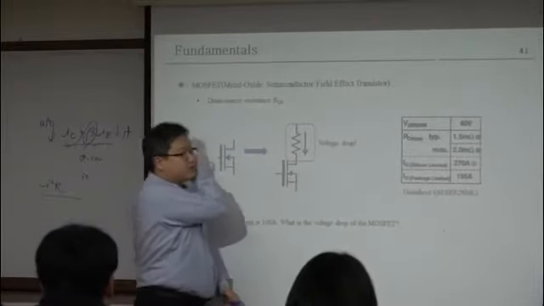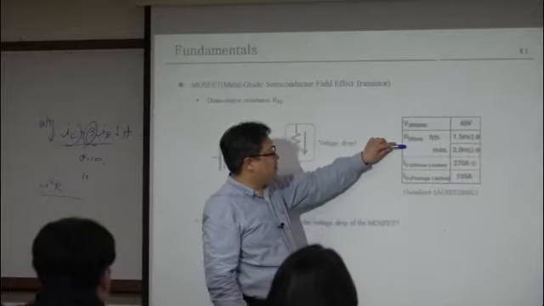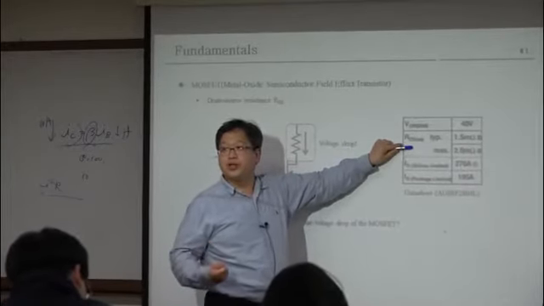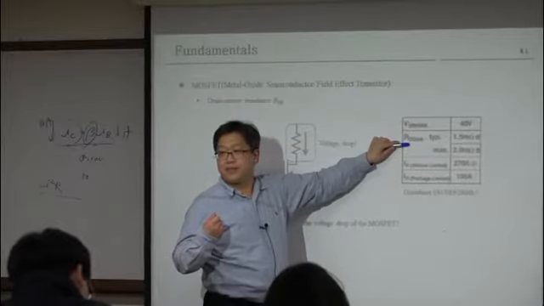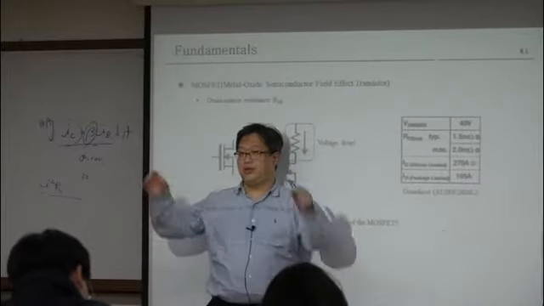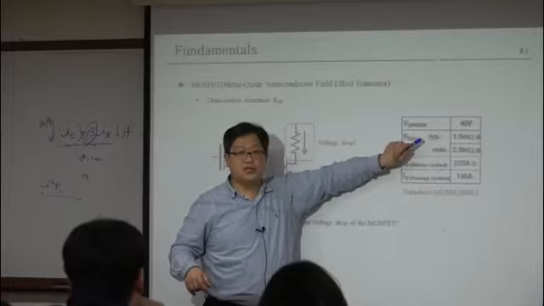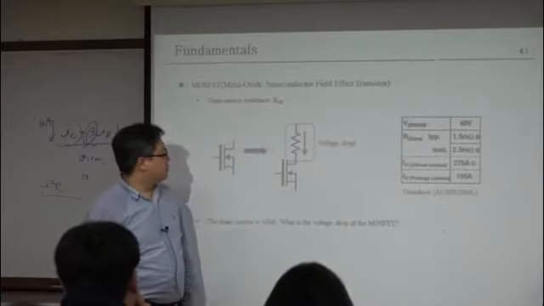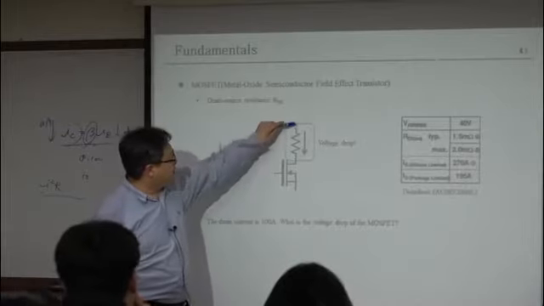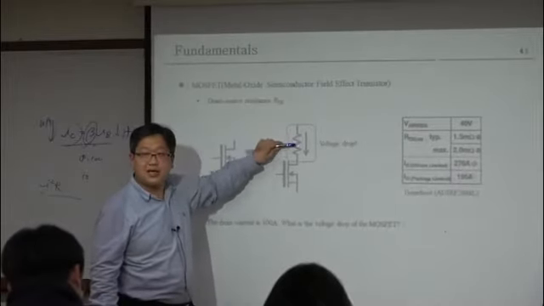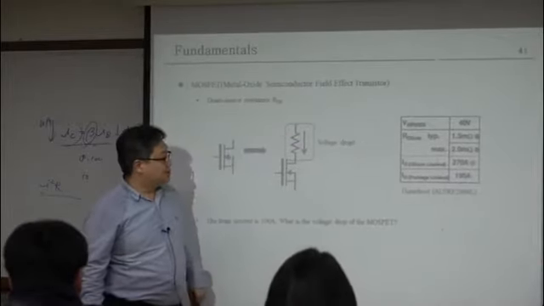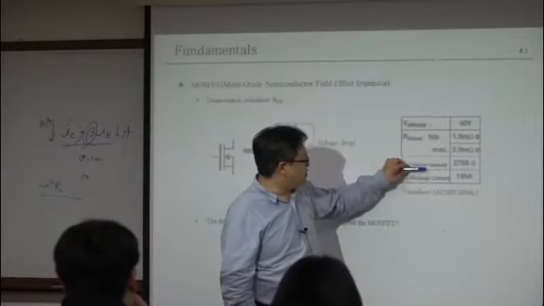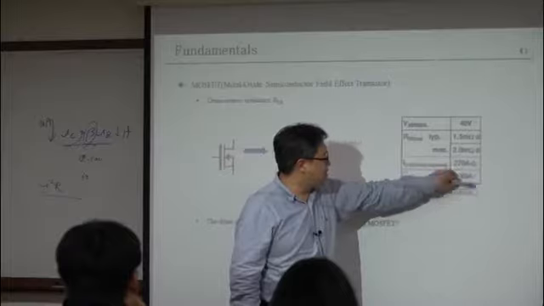And here, RDS is the drain to source resistance when you turn on the MOSFET. So when you turn on the MOSFET, you have the channel. That is the channel's resistance. Okay. So you can model it like this. This is RDS. Here, your silicon limited current is 270 ampere.